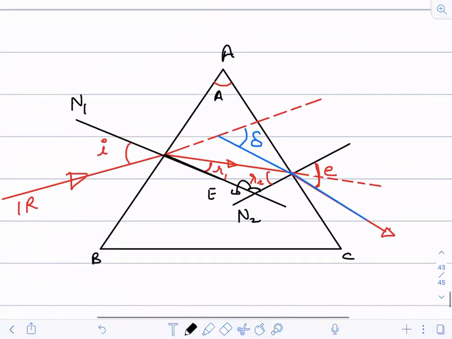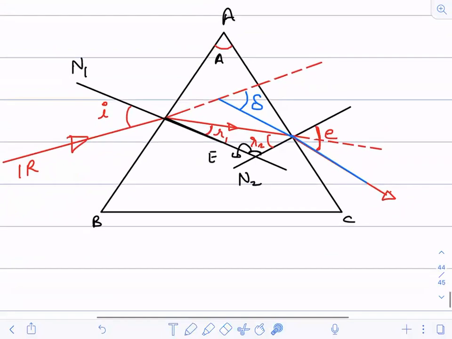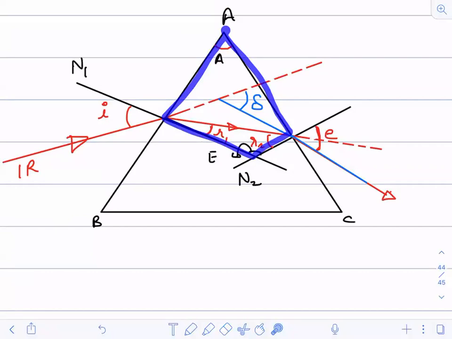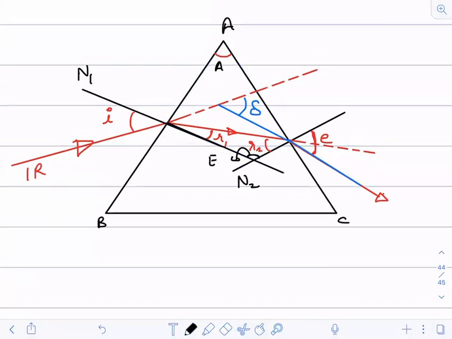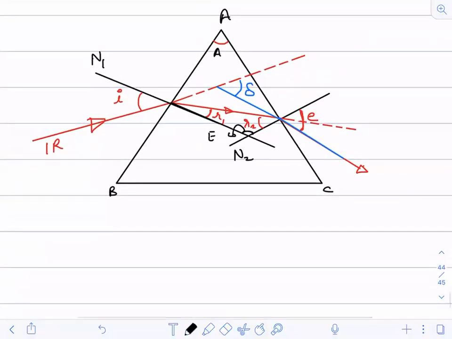Now, can you see this quadrilateral? 1, 2, 3, and 4. Can you all see this quadrilateral? Now you tell me, what is the summation of the angles A and E?